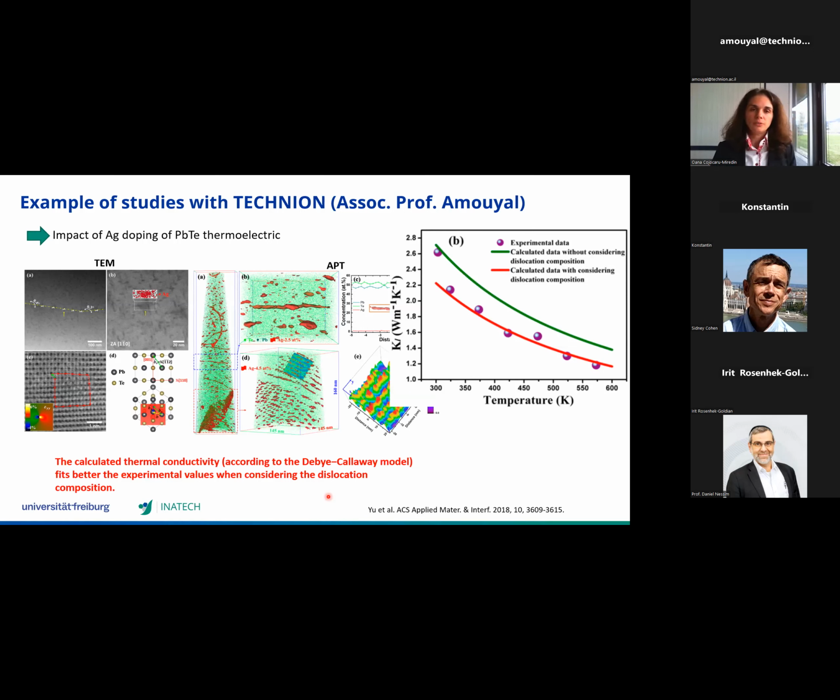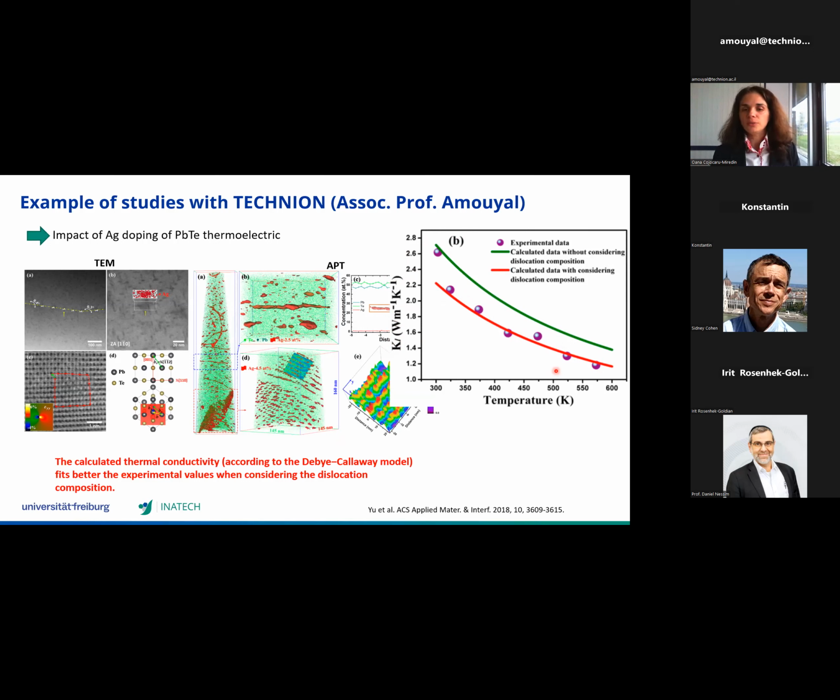For thermoelectrics, nanostructuring has been used to reduce the lattice thermal conductivity, this parameter here, and it has been observed that inserting silver helps to reduce it. We also measured it: these pink dots are the experimental data for the measured lattice thermal conductivity at different temperatures.